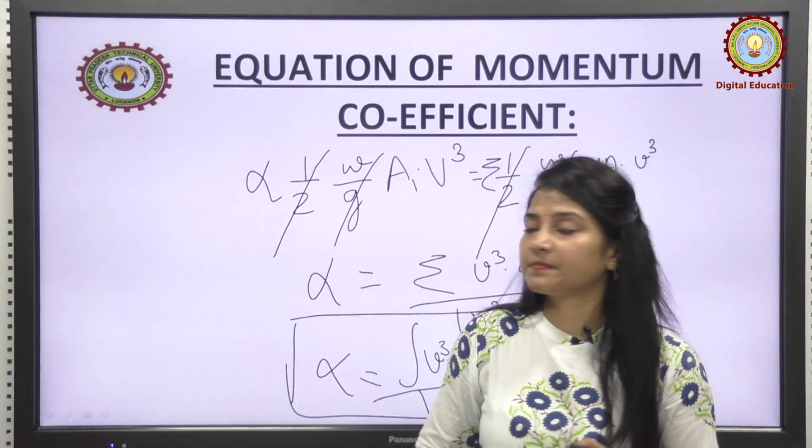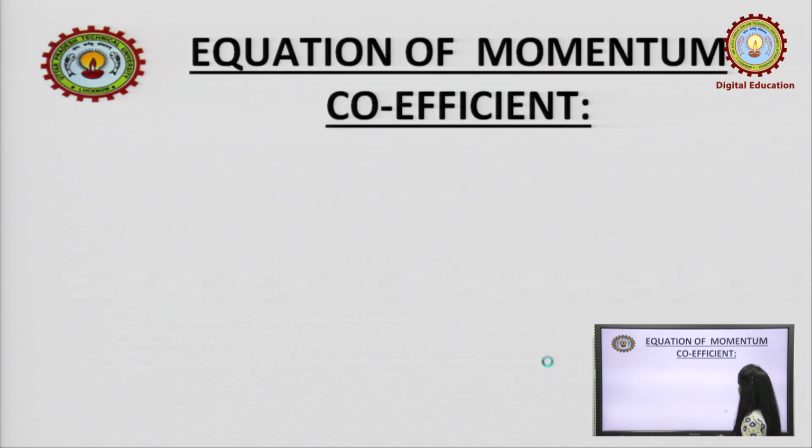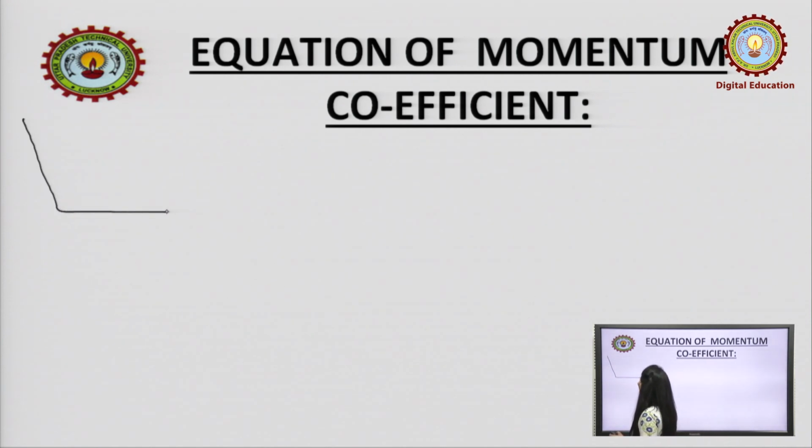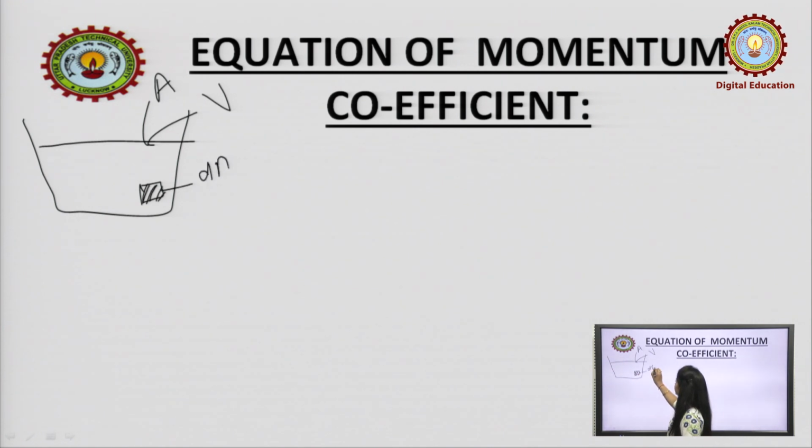Now, moving towards the momentum correction factor. For the momentum correction factor, all the sections will be the same. This is an area capital A having velocity capital V. Let us consider again one elemental area, dA, having a velocity small v.